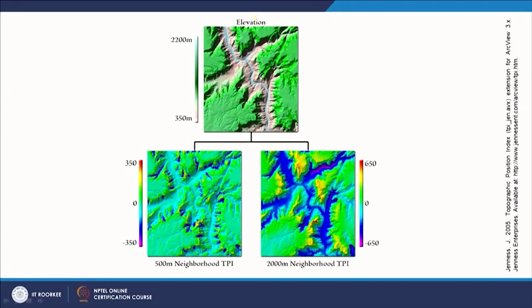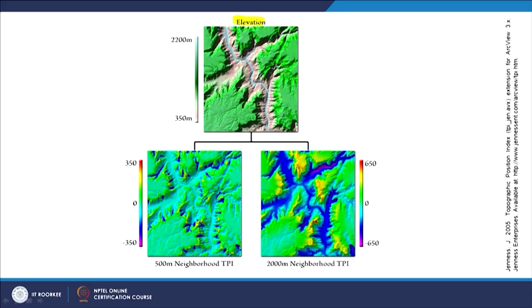Now, instead of the schematic, if we take a real example, the top one is the elevation, that is the digital elevation model shown with the shaded relief model. As you can see, there are valleys, hilltops and flats.